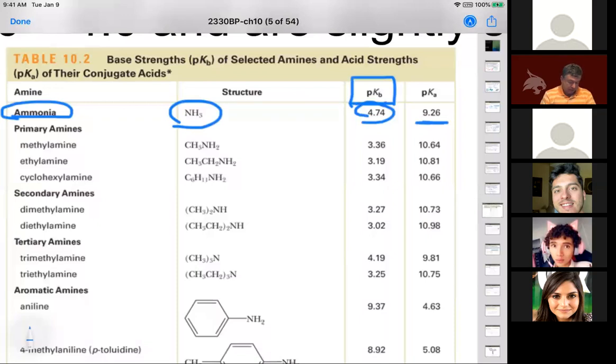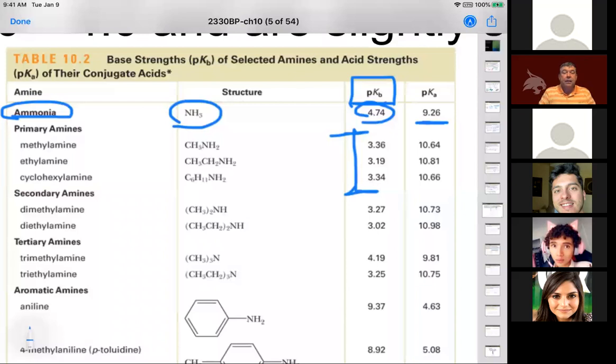So if we look at the primary amines here, they're actually lower than ammonia by itself, which means the primary amines are actually more basic than ammonia. And this has to do with the idea that it can have some electron density from that carbon, helping it have a higher electron density on there, and therefore it is more basic.